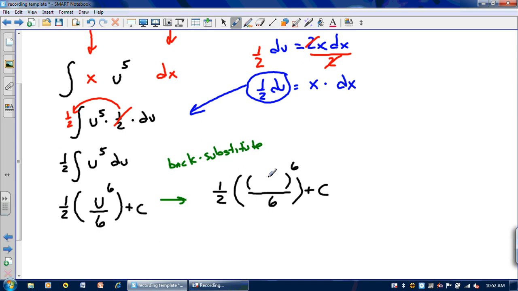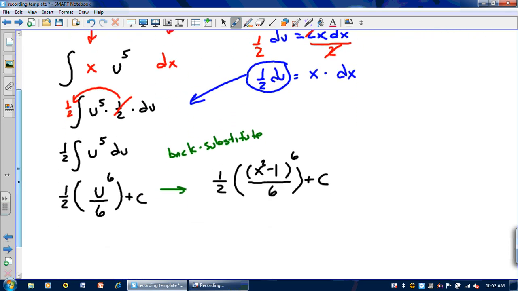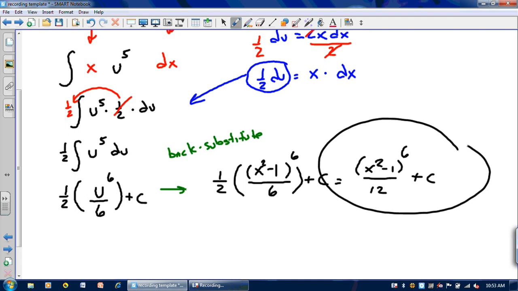I take out the u and I replace it with x squared minus 1, because you recall in the beginning of the problem we let u equal x squared minus 1. And here's my answer. I can clean this up a little bit. I'll have x squared minus 1 to the 6th power over 12 plus constant. And there it is.